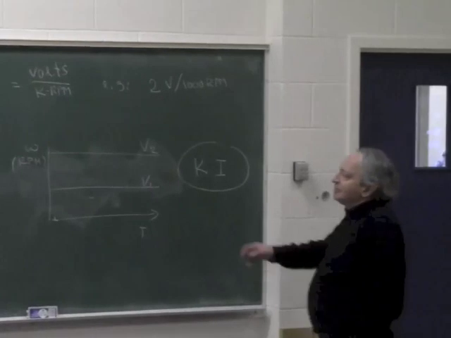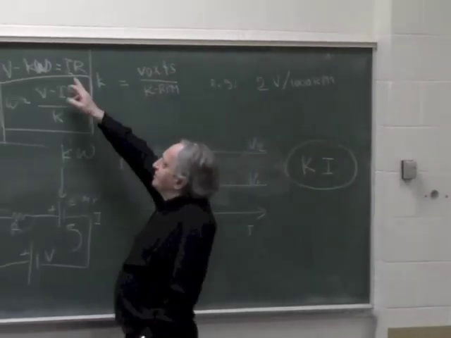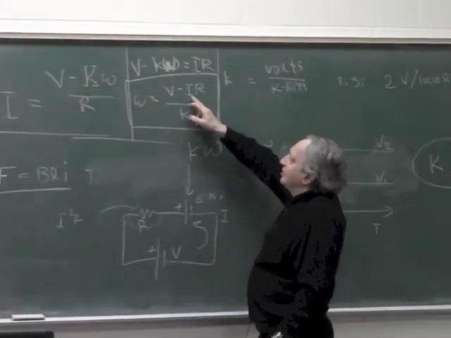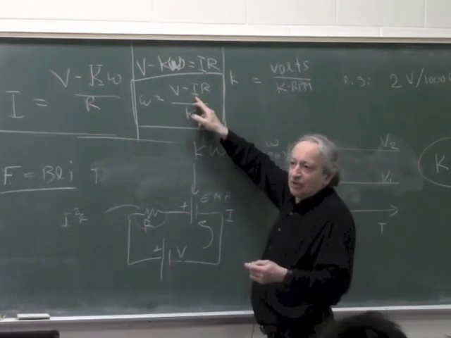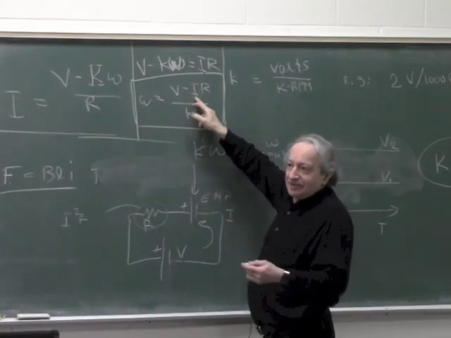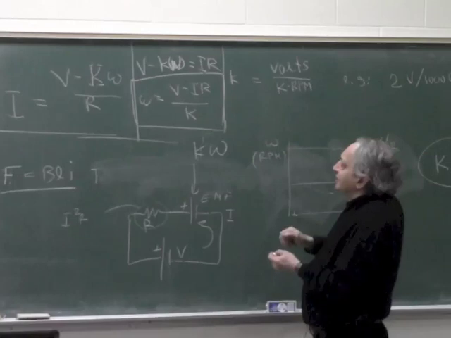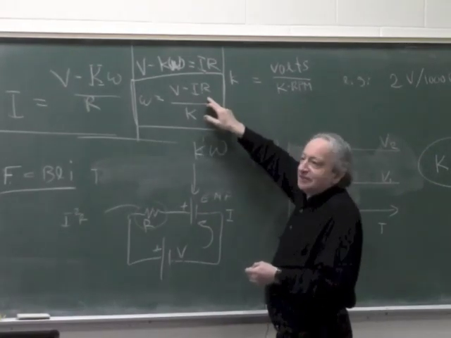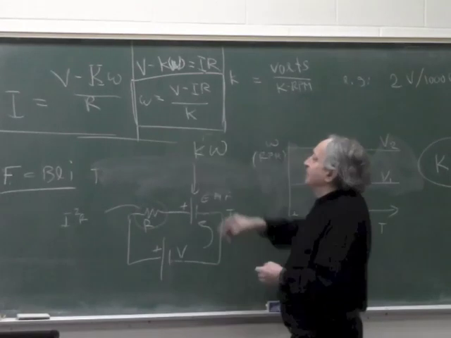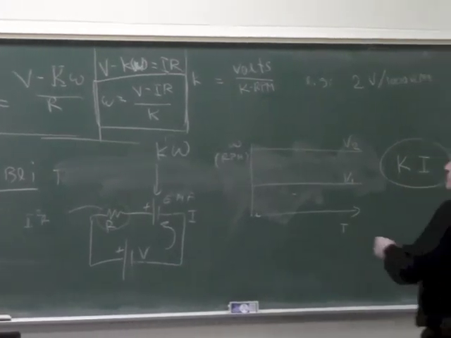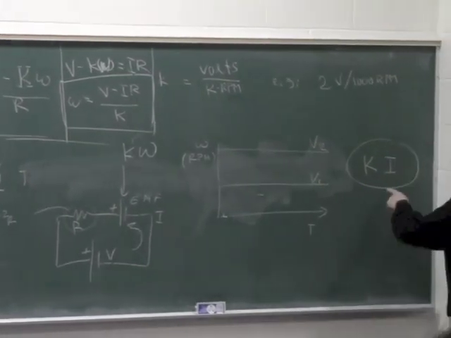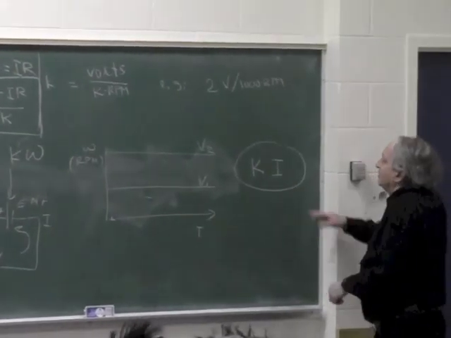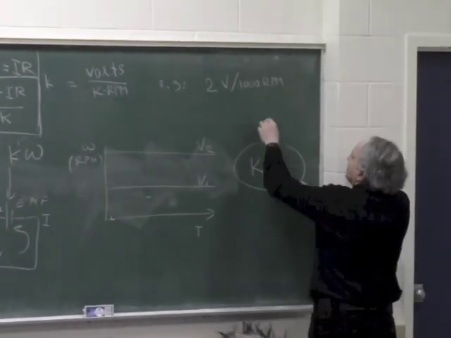Now, because there is some resistance and the current goes up with a load, then if I increase the load, the IR will start increasing, and I'll get a drop, because from here, this was torque.